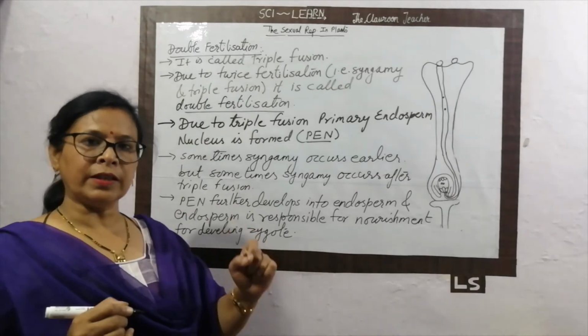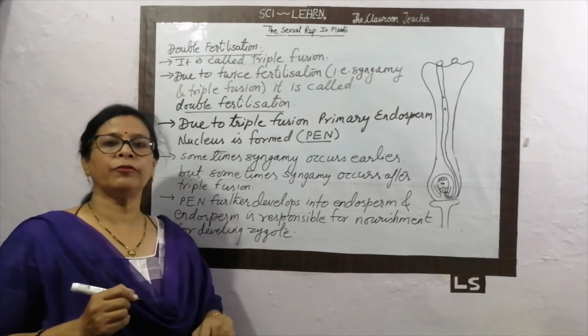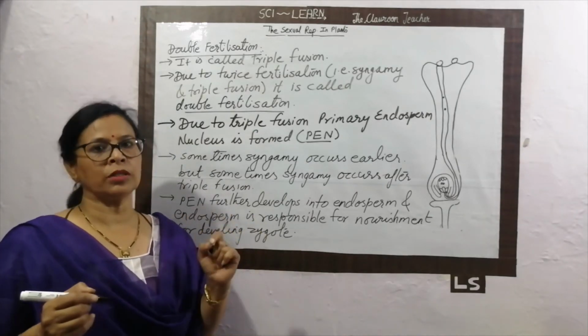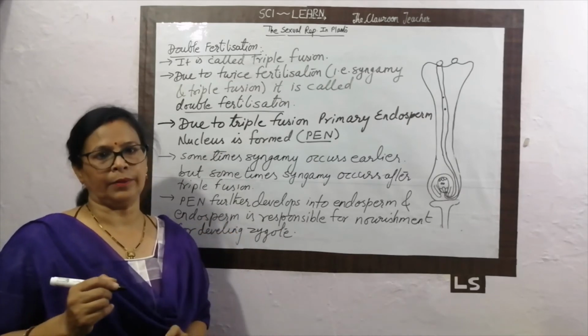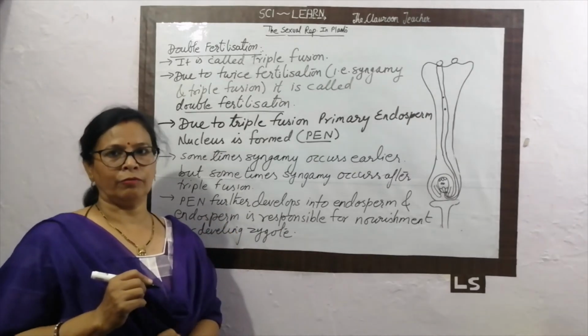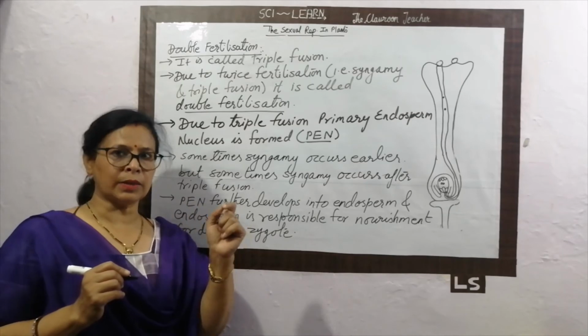So if syngamy occurs after the triple fusion, the developing embryo gets nourishment easily. But what happens to the other structures?